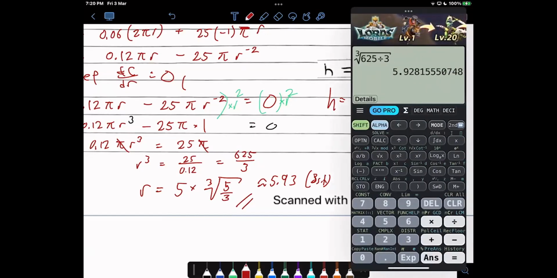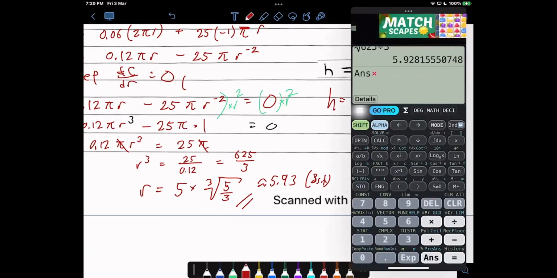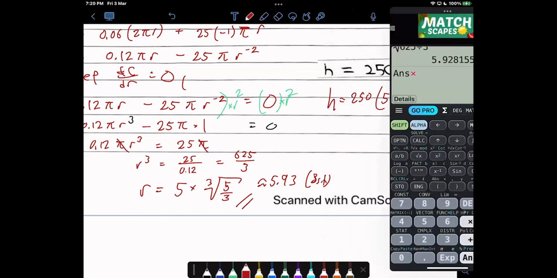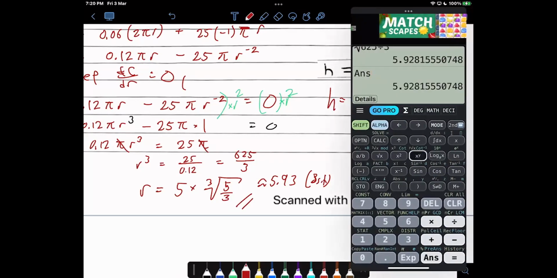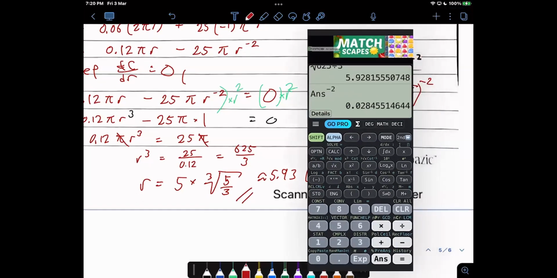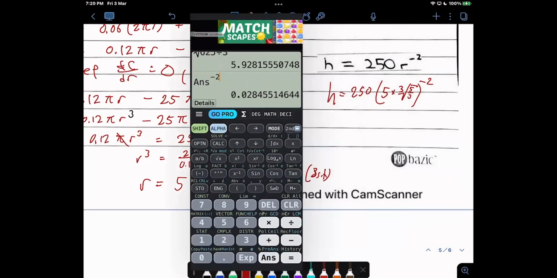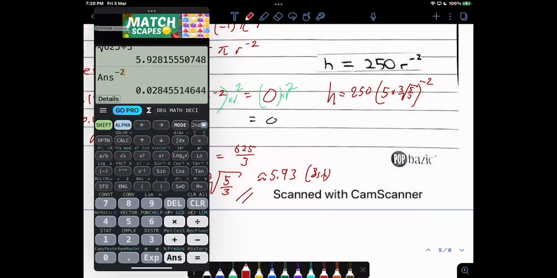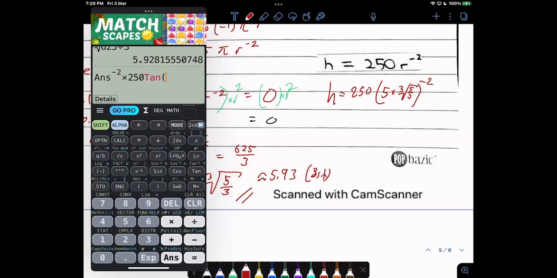Let me just use the calculator. I take my answer, I have to raise it to the power of -2, then times 250. Oops, that's not what I want. Interesting.